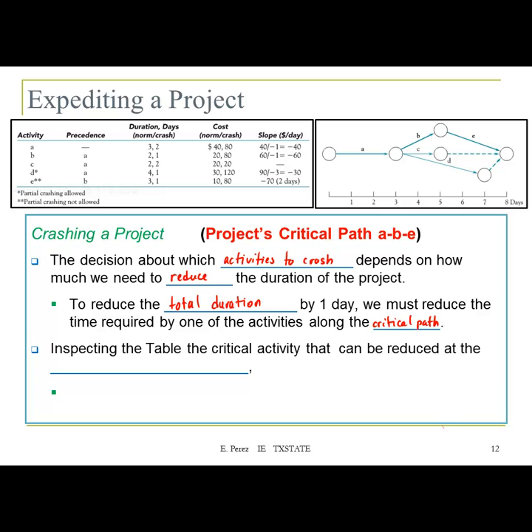So again, we're going to look at the critical path. We have A, B, and E. So we're going to look at those activities. Inspecting the table, the critical activity that can be reduced at the least cost is activity A, and this will add $40 to the project cost.